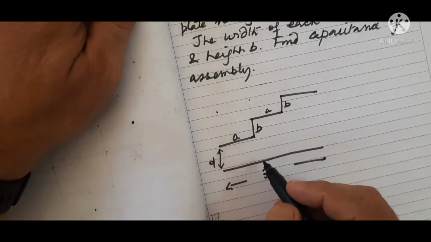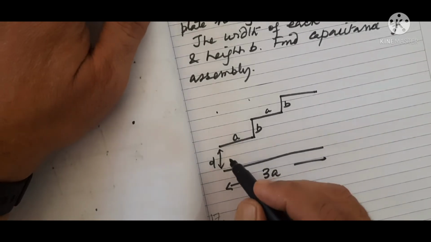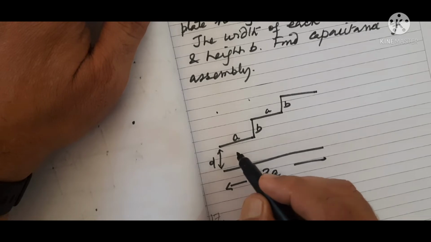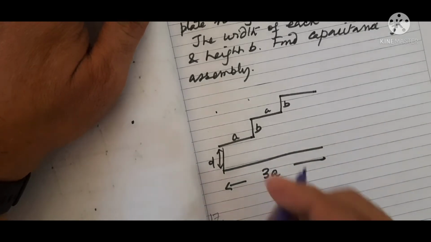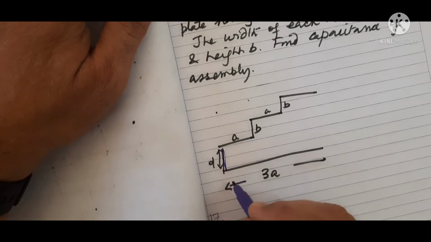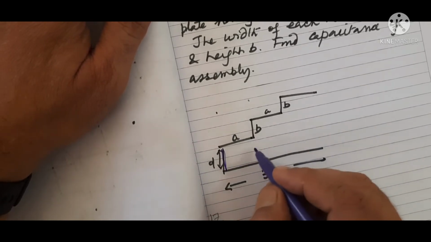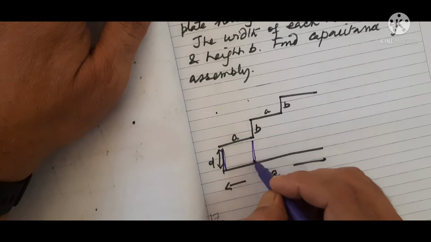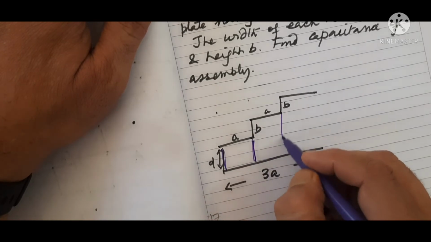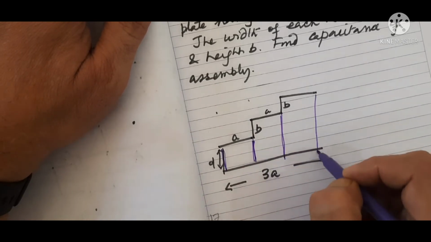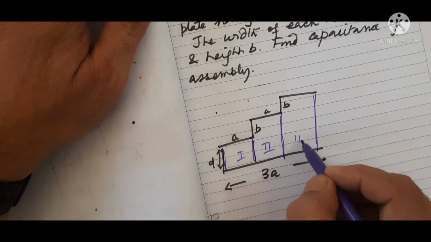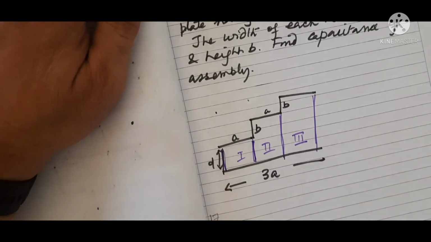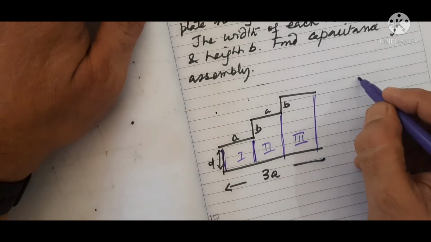What we are going to see here: this is number one. You can say this plate is fixed and its area is the total A, and this is one capacitor, this is another capacitor, this is a third capacitor. 1, 2, and 3.